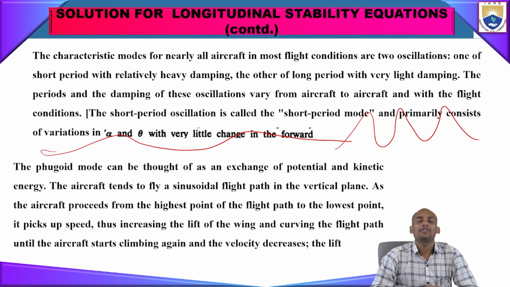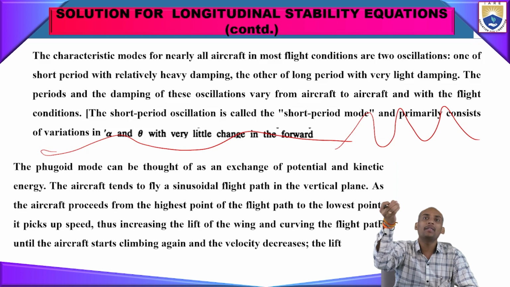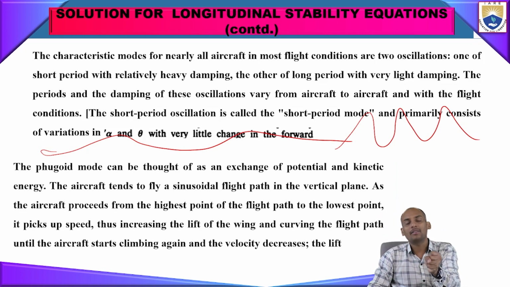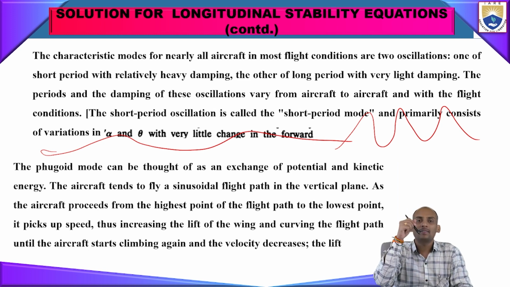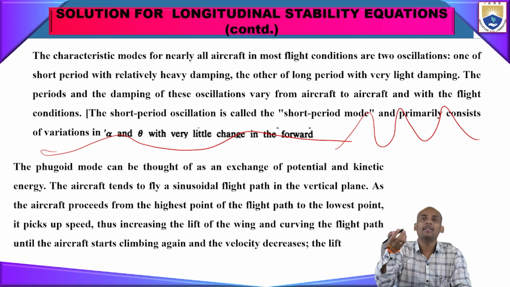The short period oscillation is called the short period mode, and primarily consists of variations in alpha and theta. Whenever you give a control surface movement to change alpha and theta, we get this type of oscillation. When you give a control stick position, there will be changes in the aircraft's total stability in terms of frequency variation.